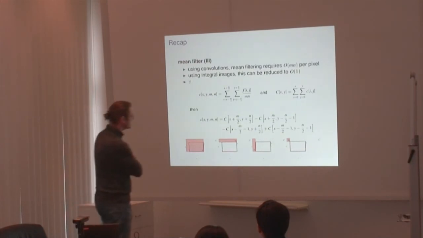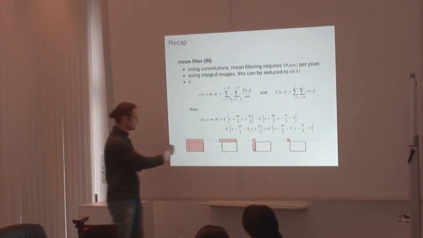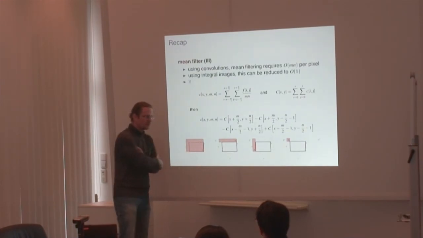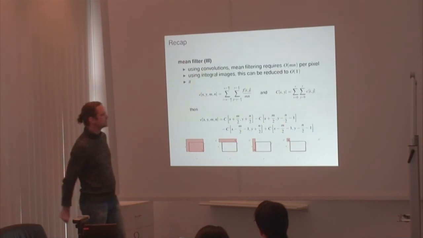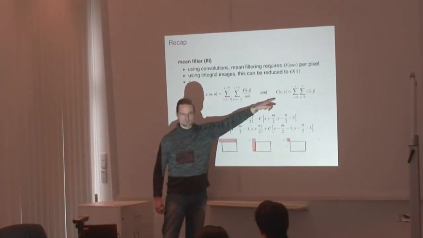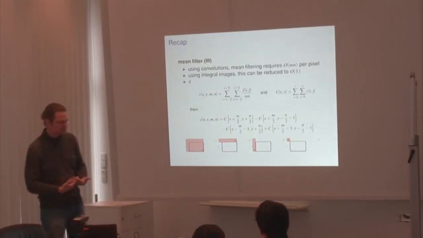So indeed, the effort of computing the sum of pixels contained in a local rectangle or window neighborhood, however you want to name it, can be done in constant time if we have done some smart pre-processing. That is, we have created an intermediate result.